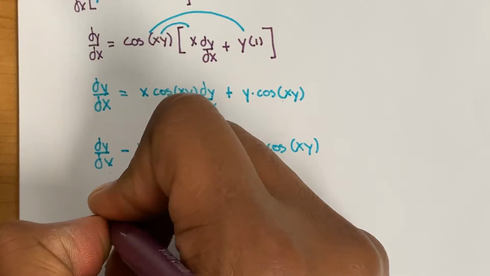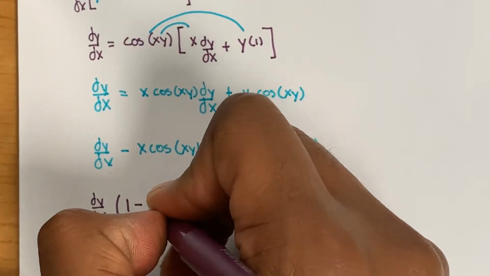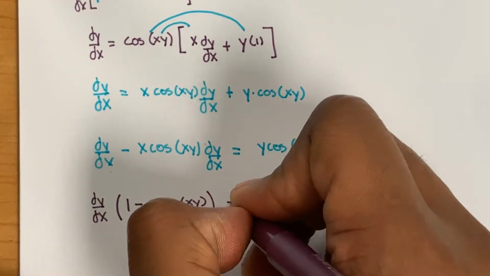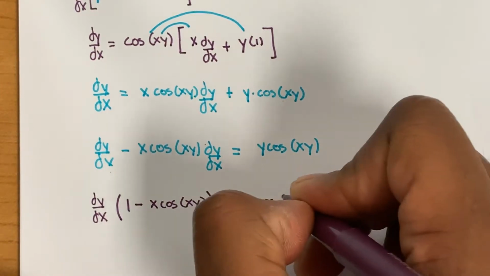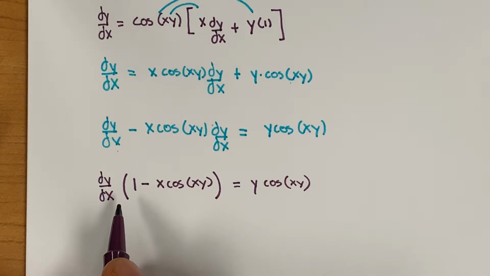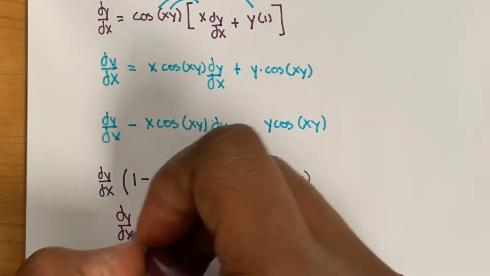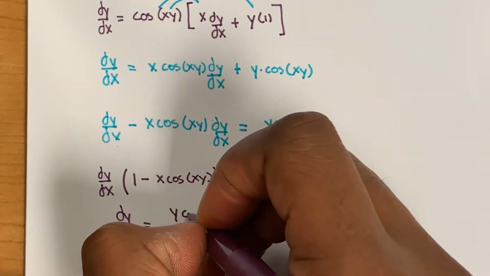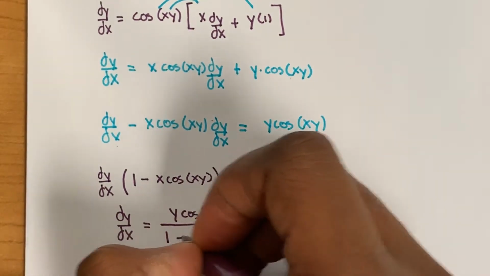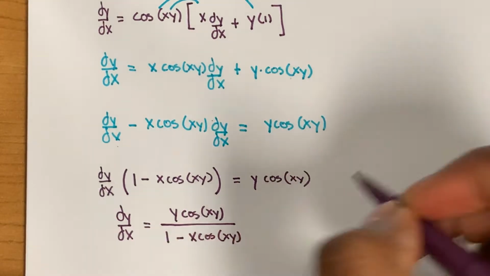So we have dy over dx times 1 minus x cosine xy equals y cosine xy. And finally, we divide by the 1 minus x cosine xy. So we get dy over dx equals y cosine xy over 1 minus x cosine xy.